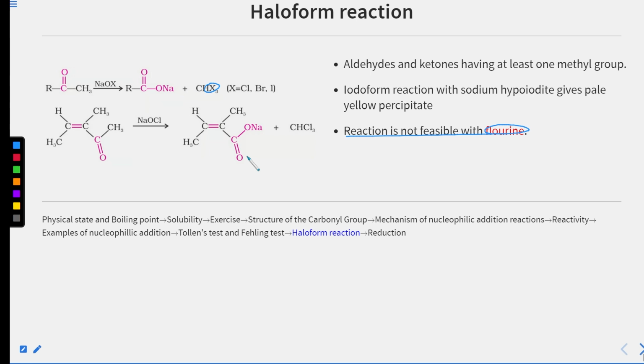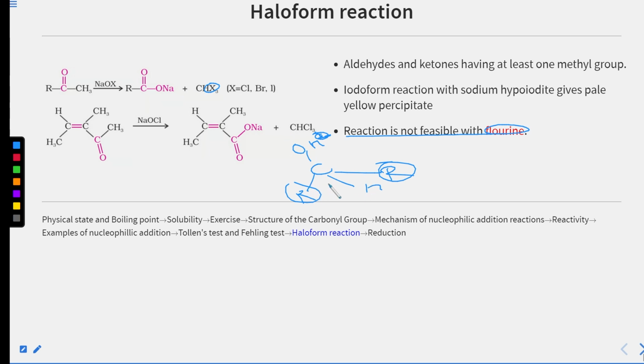Now one more thing I should tell you about the previous Tollens' or Fehling test. Tollens' test is done in the presence of a base. Now what is the effect of this? You have written that 3 moles of base should be used. The effect is that if you use a substrate which has only two carbons attached to it, and it is an alcohol, it should be a secondary alcohol, then it will give the Fehling solution test, because we have OH minus.